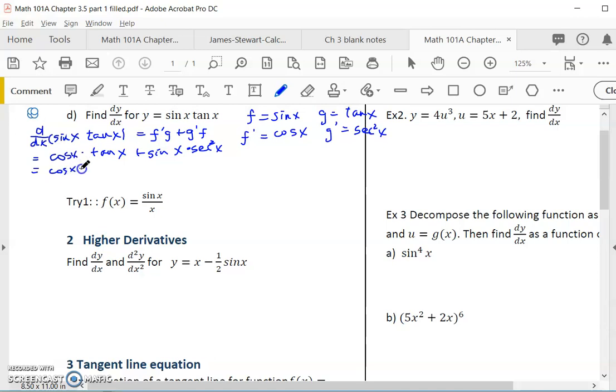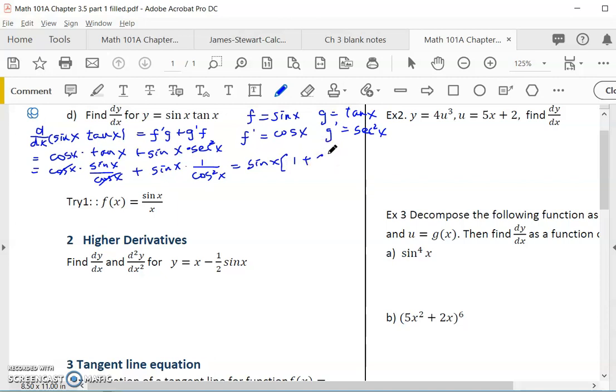Cosine x is cosine x. Tangent can be written as sine x over cosine x, right? You can see that we can cancel this. And then sine x is sine x. What is secant? Secant is 1 over cosine, so we can say 1 over cosine square x. So both of them have sine x. Do you notice that? So you can write it as sine x, factor out, 1 plus secant square x, or 1 plus 1 over cosine square x.